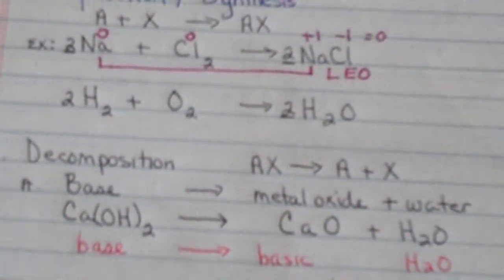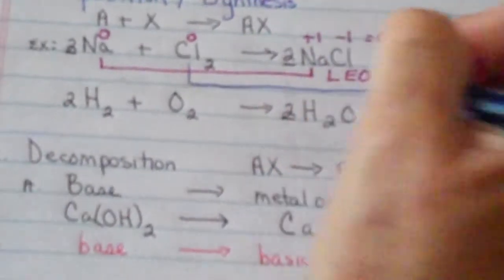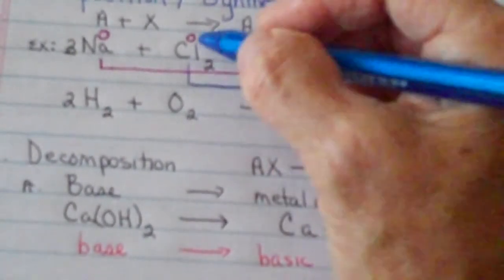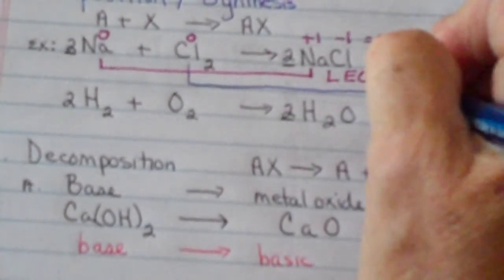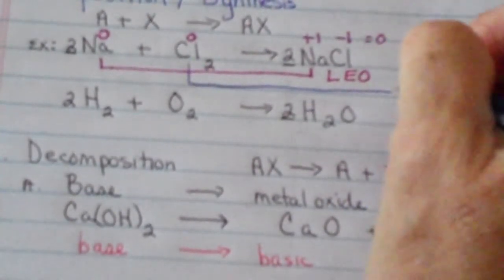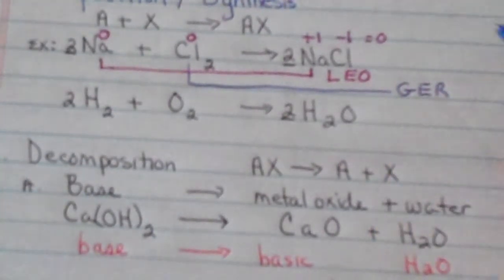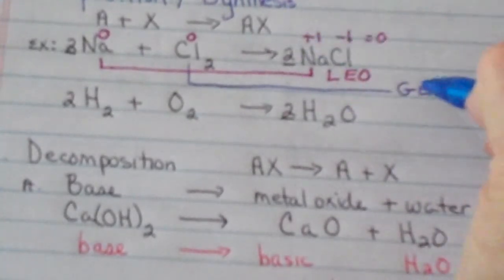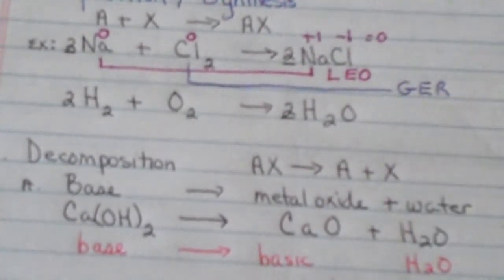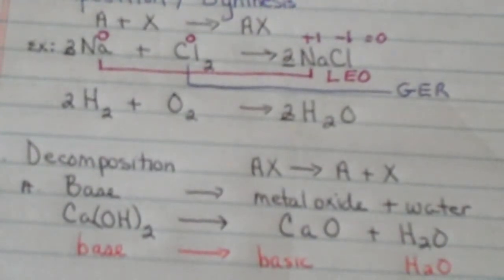If we look for the reduction, it has to be the other component, which is the chlorine. The chlorine went from 0 to -1 because the chlorine gained an electron and underwent reduction. That's what made it more negative. And so both an oxidation and a reduction occur in this reaction. This reaction is a composition or a synthesis, but it's also a redox reaction.